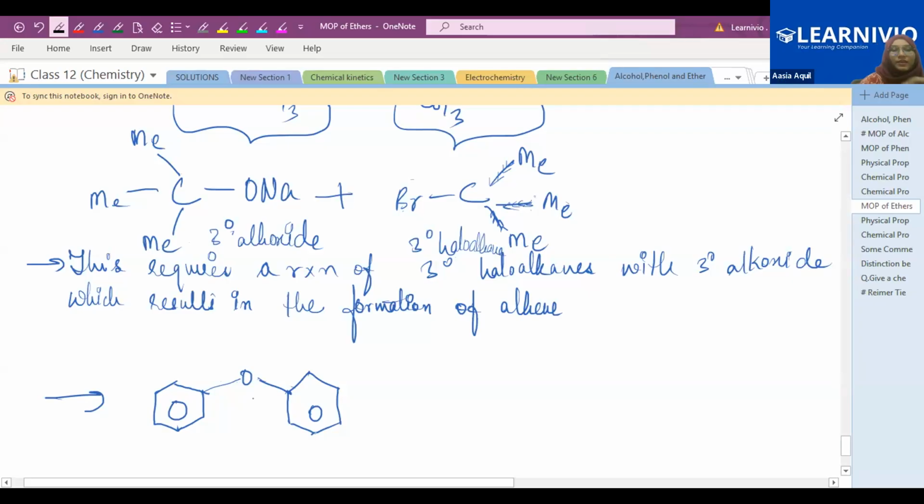On both sides, there is an aryl ring, a benzene ring. So is it possible to prepare this product using Williamson ether synthesis? Just think about it. It's very easy. I explained it to you in the previous class.